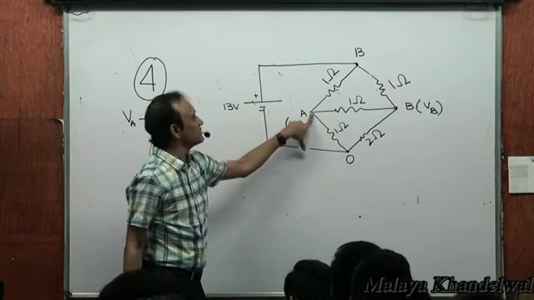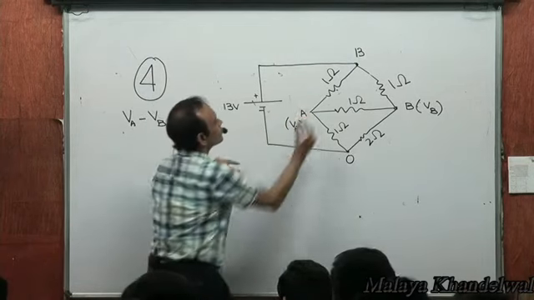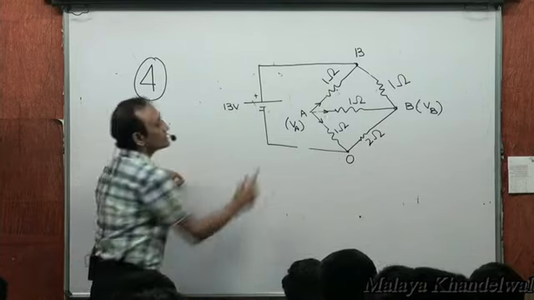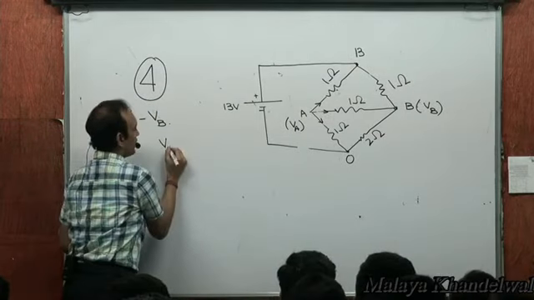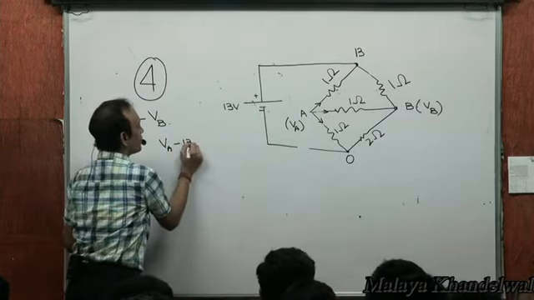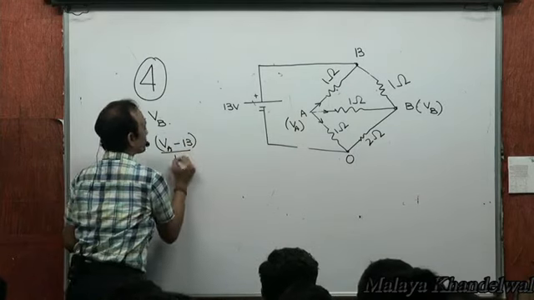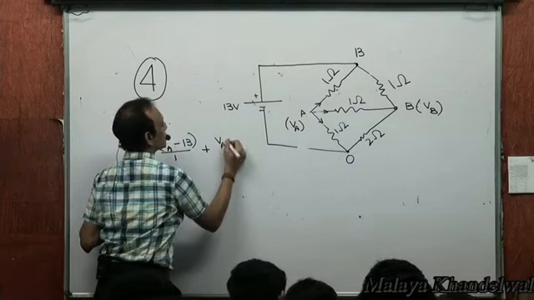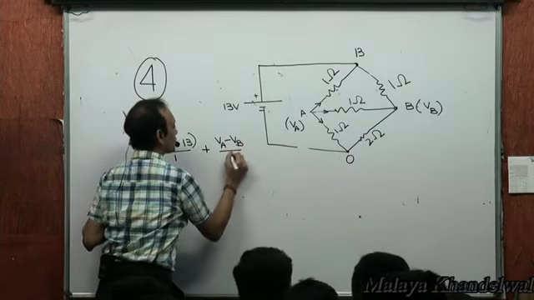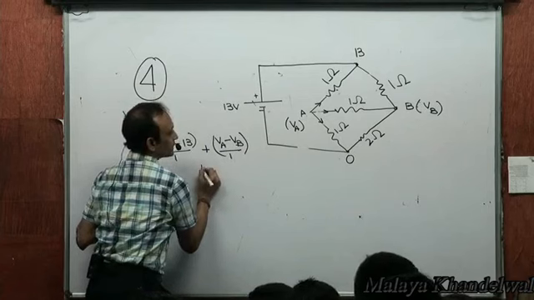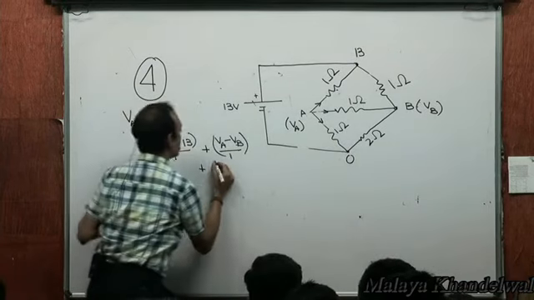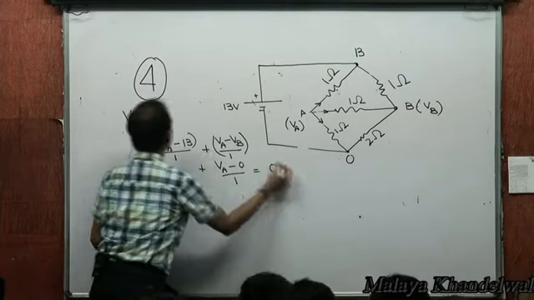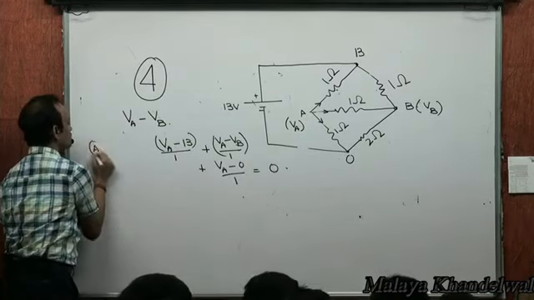Algebraic sum of currents leaving junction A must be 0. So from here to here, (VA minus 13) by 1 plus (VA minus VB) by 1 plus (VA minus 0) by 1 equal to 0. That's for junction A.